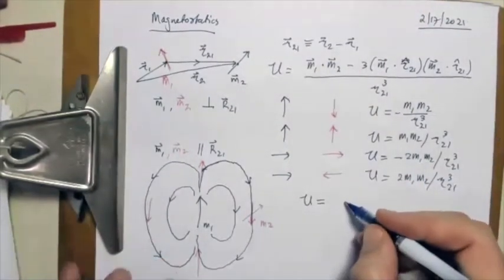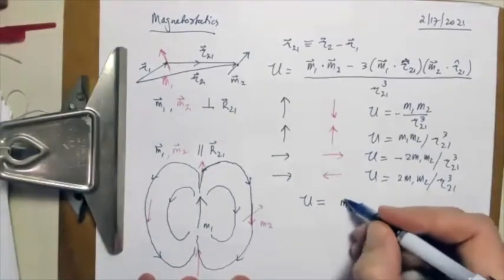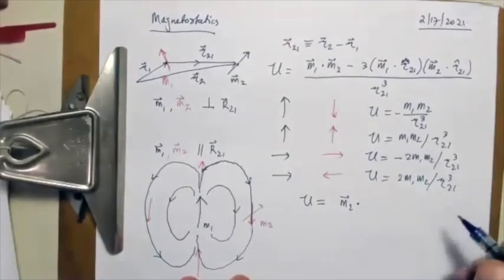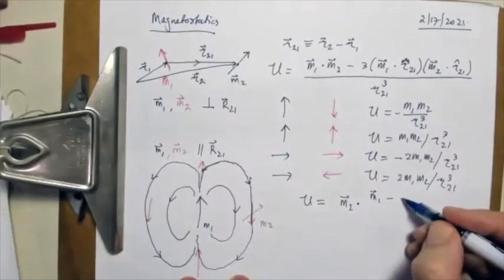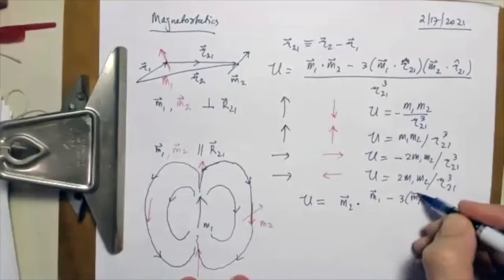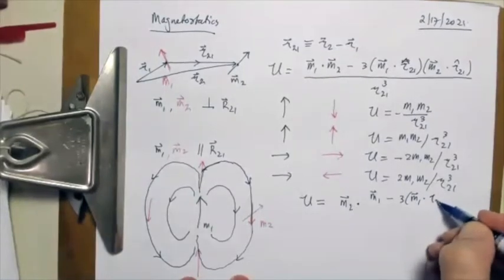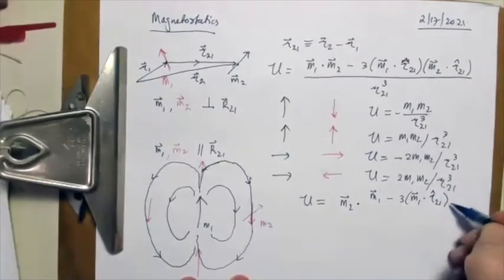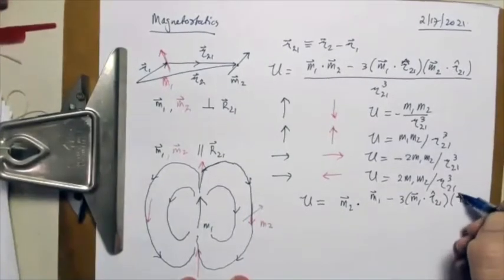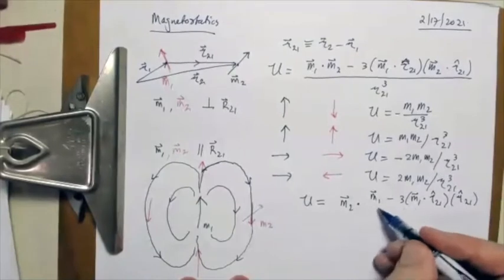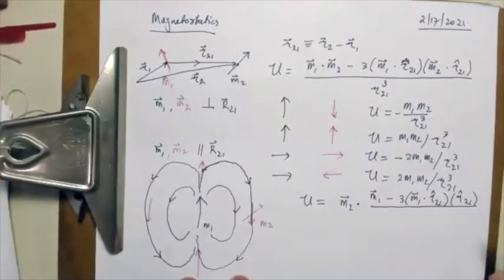So I'm going to put my M2 here. And now that means I can write this as M1 minus 3, M1 dotted with R21, and now times R21, but I'm leaving that dot product dangling because it's in front of the entire fraction.